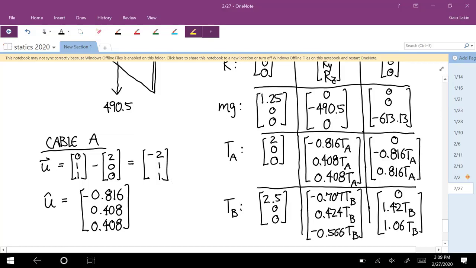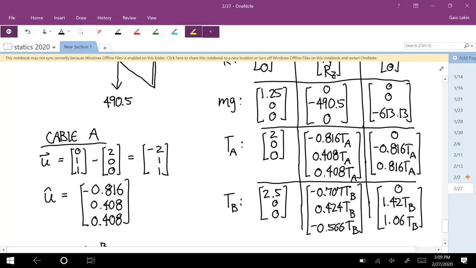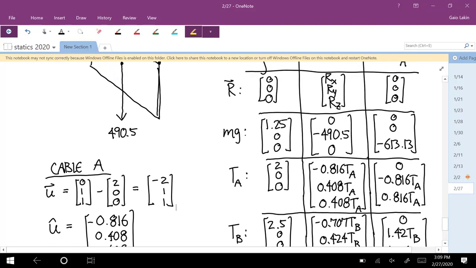I said at the start, we only have 5 variables that we're solving for. We would normally expect to get 6 equations. What's the equation here that isn't going to be useful? Can you tell from looking at this? Yeah, the x component of the moment equation just says 0 equals 0. So I'm going to cross that out.